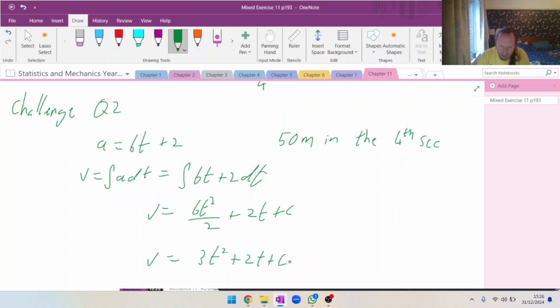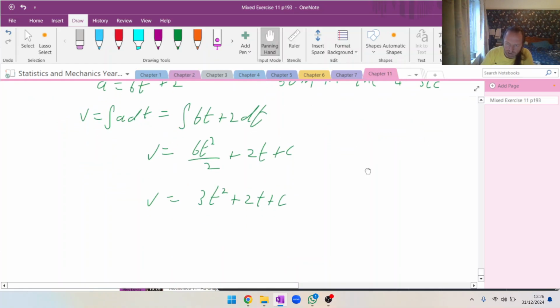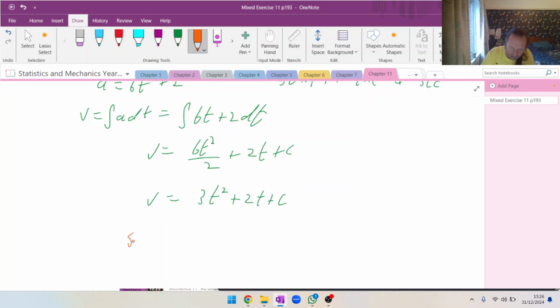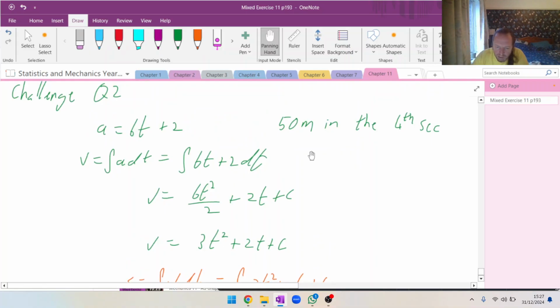How are we going to find c? We know that we have travelled a distance of 50 meters from here to here. So let's find a formula for distance. Distance is equal to the integral of velocity, which is the integral of 3t squared plus 2t plus c. Will that work for us?